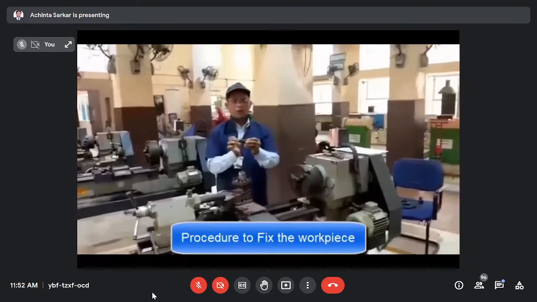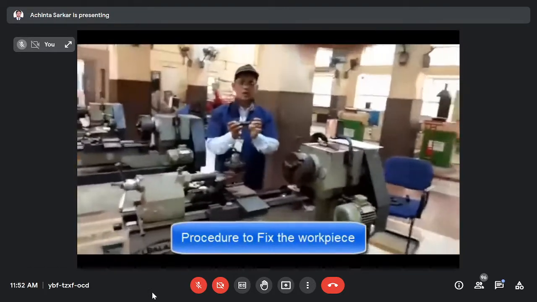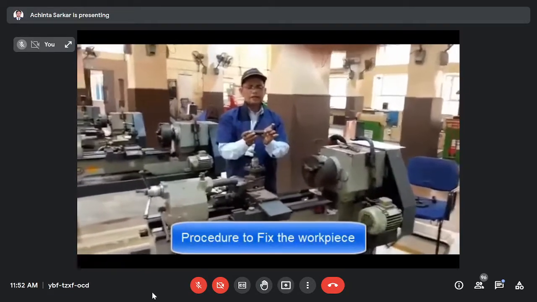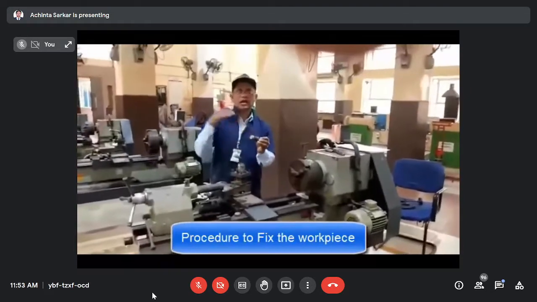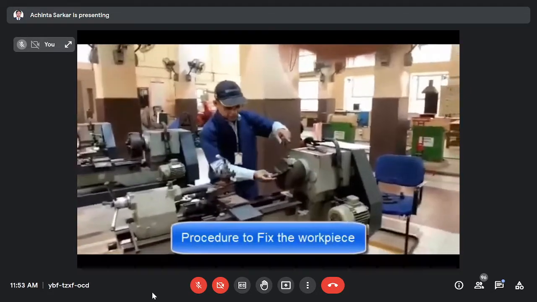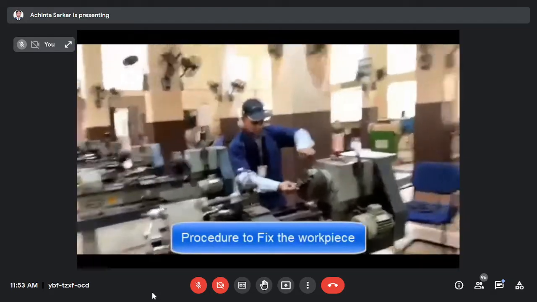You have to divide the length into two parts. The minimum part of the length you have to hold, and the maximum part you keep outside. Keep it in the center position, then rotate the chuck key anti-clockwise.